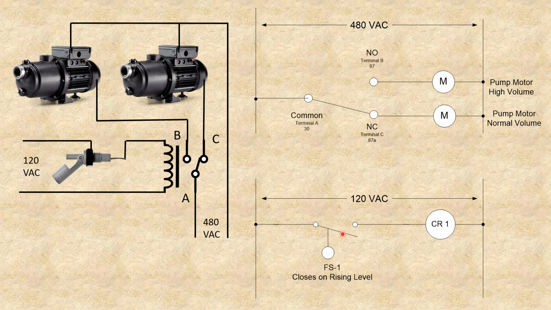So in this case, my 120 volt circuit's operating this control part, and if this were to go up, I'm going to switch from my normal volume pump into a high volume pump, a high motor pump. So this is what it would look like in the real world. This is what it would look like in a schematic, the control circuit and the power circuit.